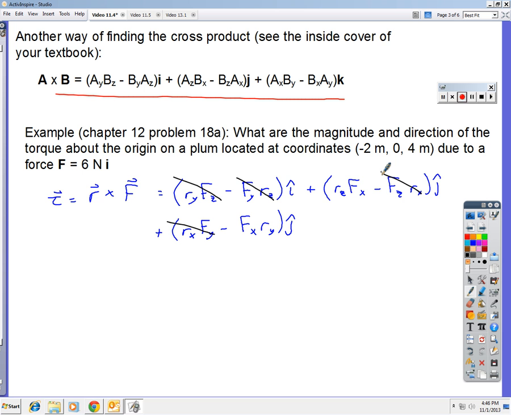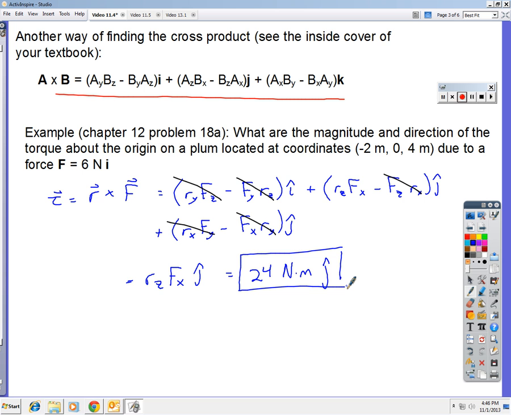But now also, the y component of r is also 0, and that means that this whole nasty equation, in this case, simplifies to the z component of r times the x component of F, j hat. And that is 4 meters times 6 newtons, 24 newton meters in the j hat direction. And there we go.